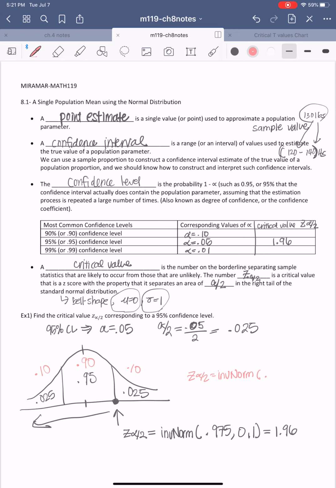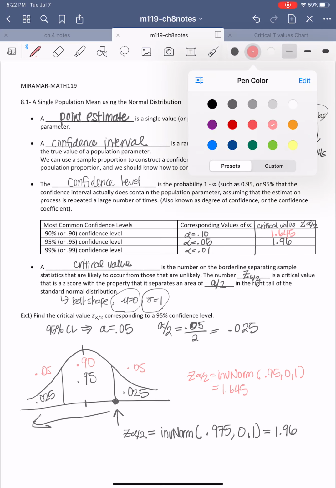Alpha is 0.10, so it should be 0.05 because we are dividing by half. So you're going to have 0.95, 0, 1. My critical value, rounding, I'm getting 1.645. So let's put it there, 1.645.